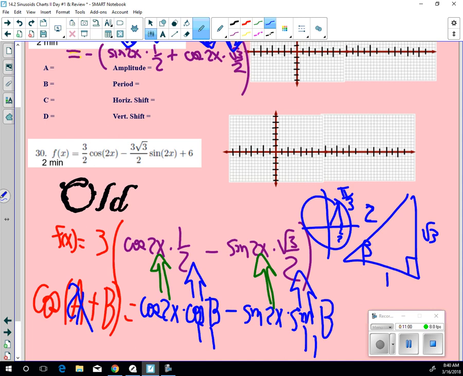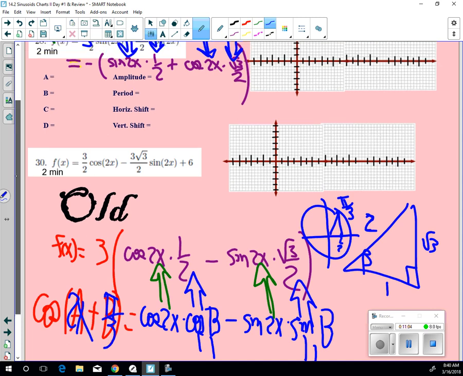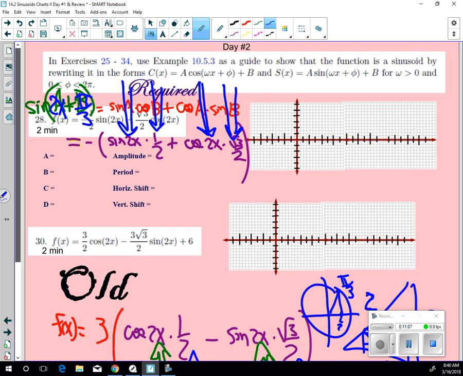So b is going to be pi over 3. So in the first one, you're going to graph sine of 2 times x plus pi over 6. In the second one, you're going to graph cosine of 2 times x minus, right?